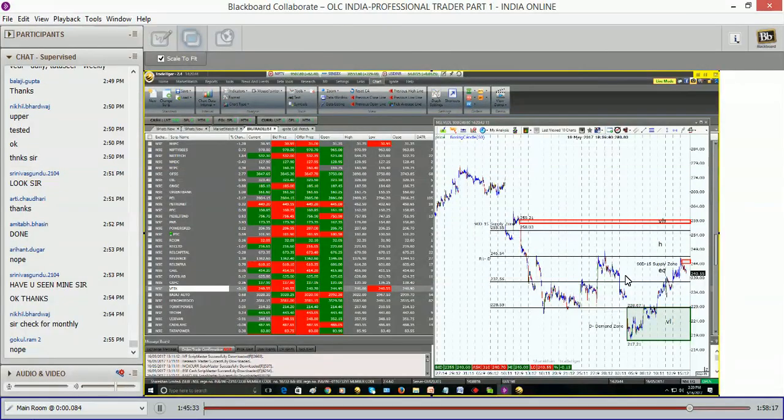435. Can you zoom out, Gokul? Zoom out, please. The two bottom levels on the lower is the 437. Just go to the weekly, please.